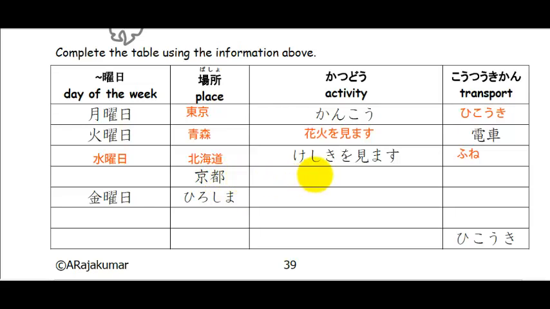The activity, well, I don't think we've got to the activity yet, have we? And the transport we know was by plane, hikoki, so we can fill those two things in. Right, here we've got hikoki, that's our transport, our kotsukikan, that's hikoki, and over here we've put in mokuyobi, so we just need to discover what the activity or the katsudo is.